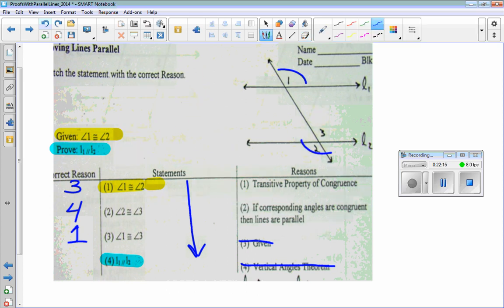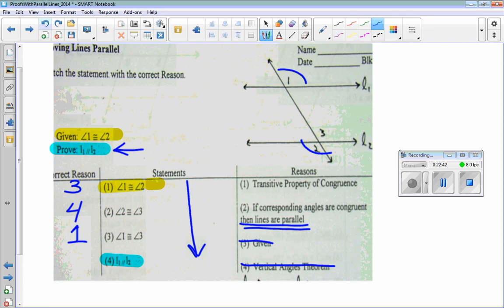Now, if your prove statement says I'm trying to prove lines parallel, your reason had better end with, then the lines are parallel. How many choices do you have on your reason sheet that end with the words, then the lines are parallel? A lot more than one.